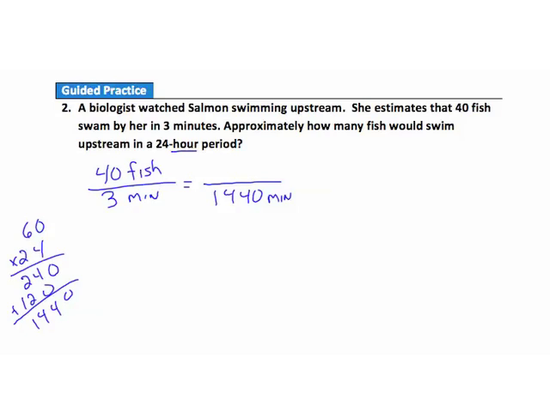Now, we're going to use that number of minutes to figure out how many fish. Okay, looks like our variable is already in the numerator, so we're set there. But let's not write this with all these units in there. So we're going to have 40 is to 3 as n is to 1440. To get n all by itself, we're going to multiply both sides by 1440.